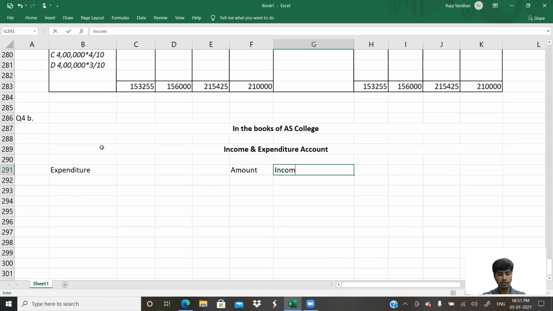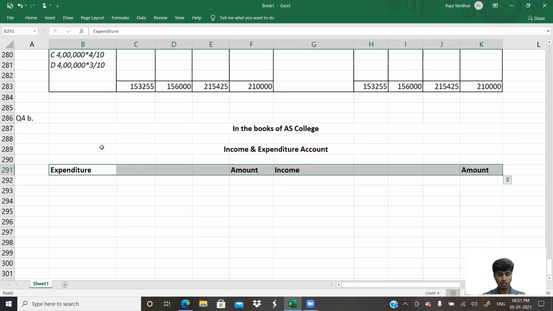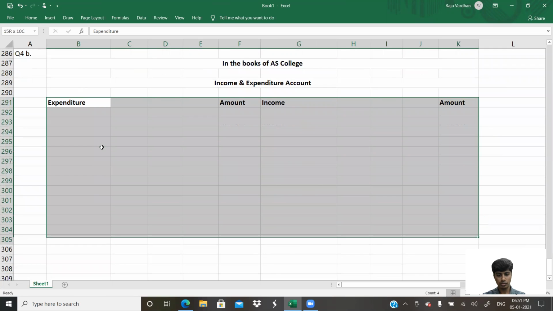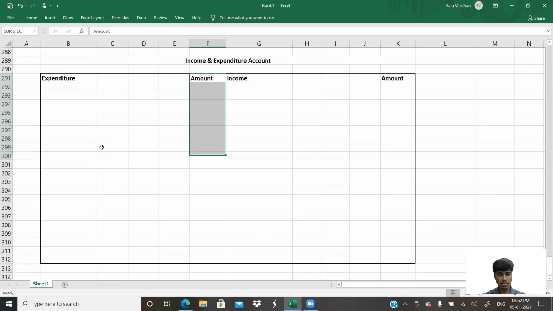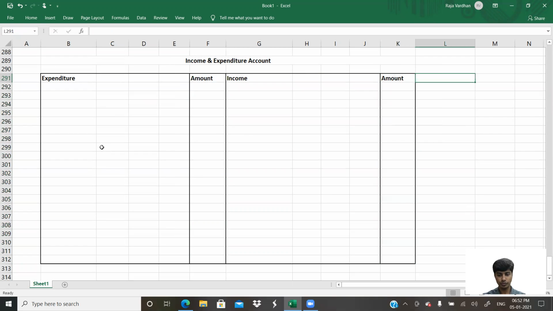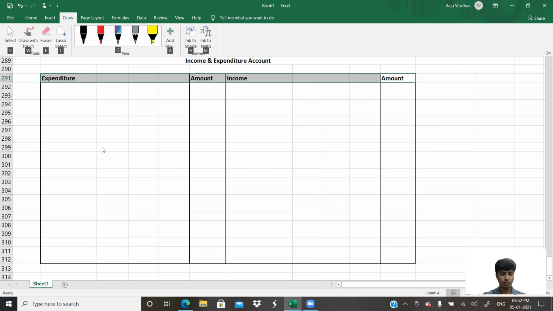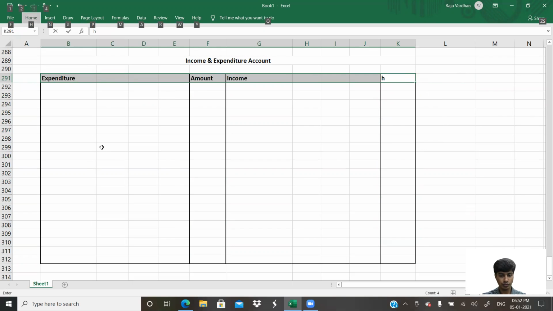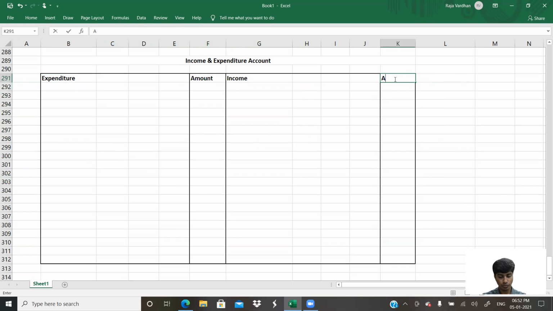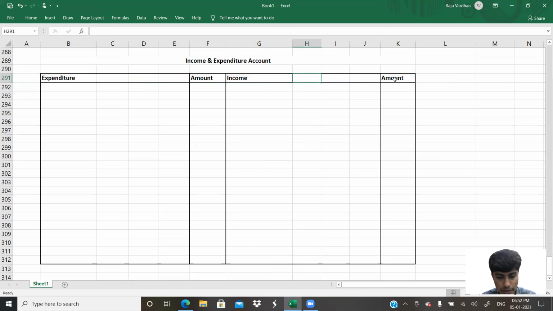Then we'll have incomes. So the format is almost ready. Perfect.